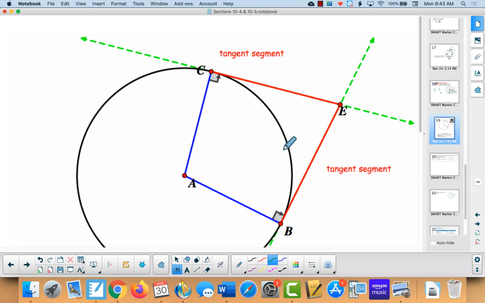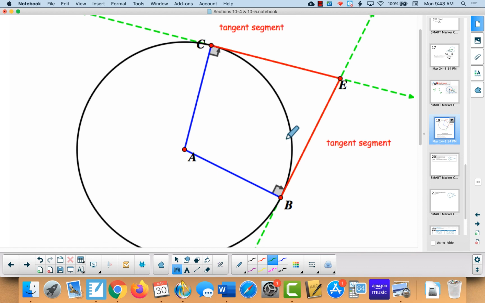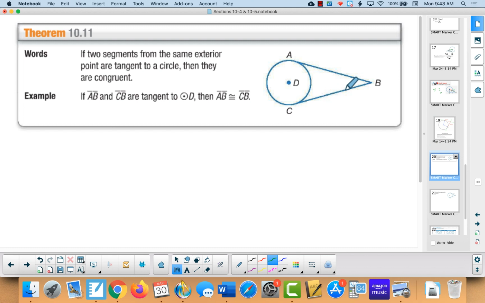In the last investigation, you were supposed to construct this and check the measures of these two tangent segments, these red segments here, and you should have found that those were congruent. So anytime you have a segment drawn from the point of tangency to the point of intersection, those are called tangent segments.